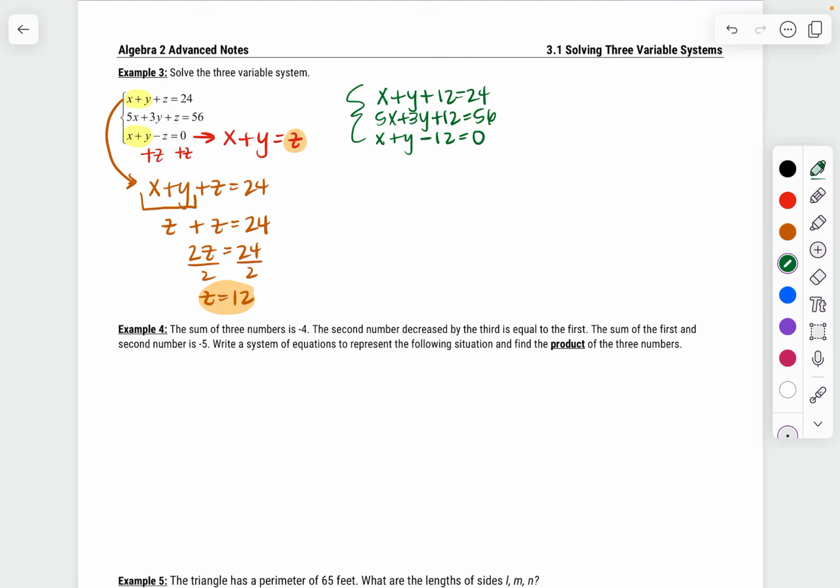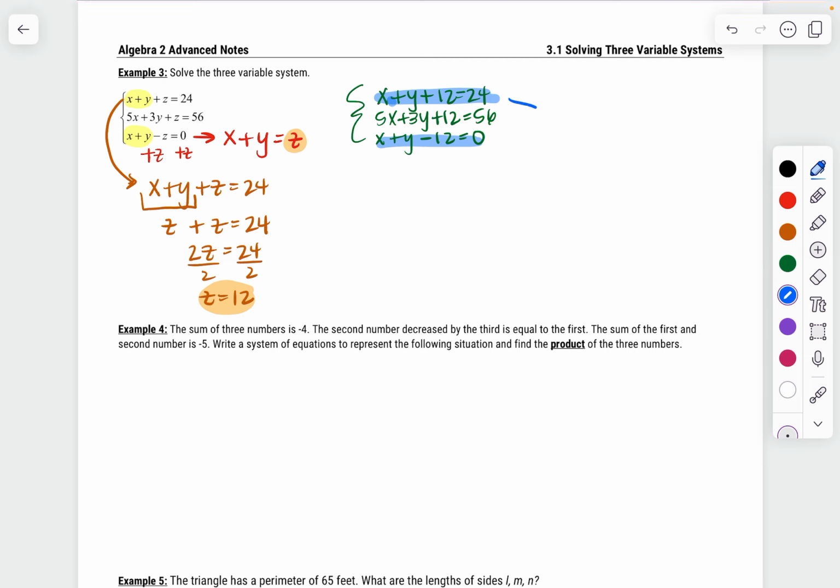Now, a couple of things we can do now is we can approach this with substitution or with elimination in mind, now that I have some problems where it's just x and y. So a couple of things. When you look at this first equation and this last equation, they basically are the same thing.